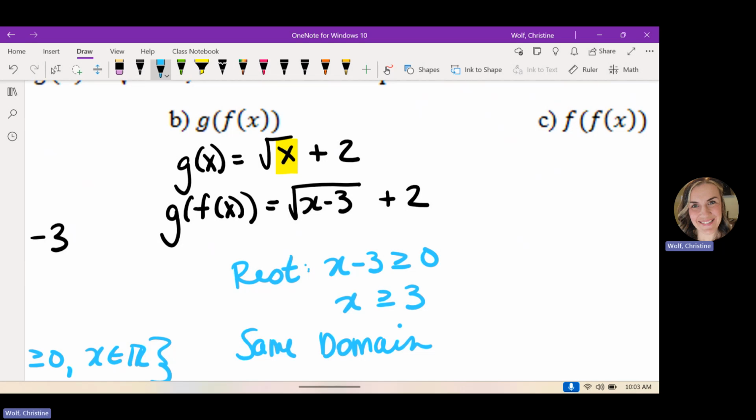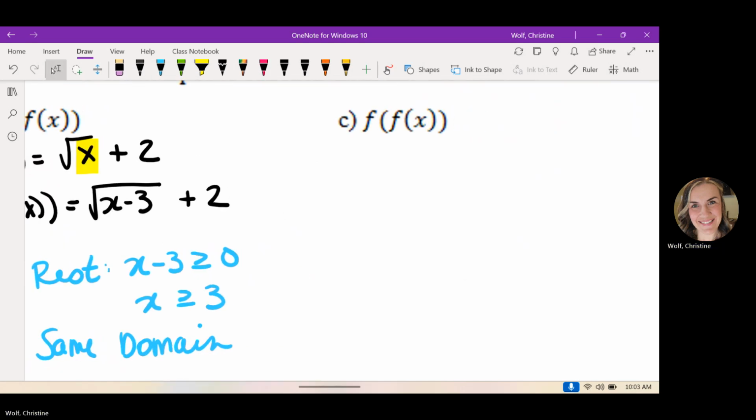All right. Let's get crazy, Xander. You see what I did for C? I'm doing f of x. I'm going to put f of x into itself. Okay. So I'm going to start by writing down what's f of x. X minus 3.